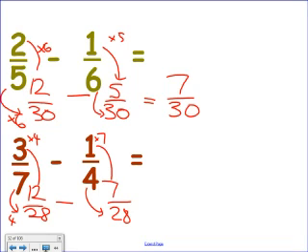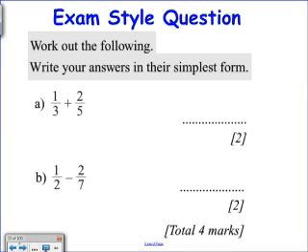And then to get obviously from my 1 to my 7, times that by 7. And then 12 minus 7 leaves you with 5. And you can't simplify it because 5 is a prime number and it doesn't go into 28. Brilliant. And we know it doesn't go into 28 straight away because anything that's a multiple of 5 ends in 5 or 0. Happy?